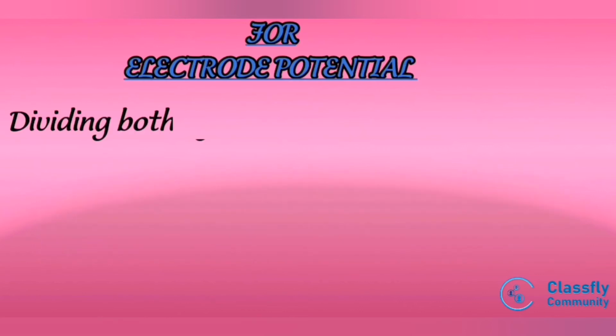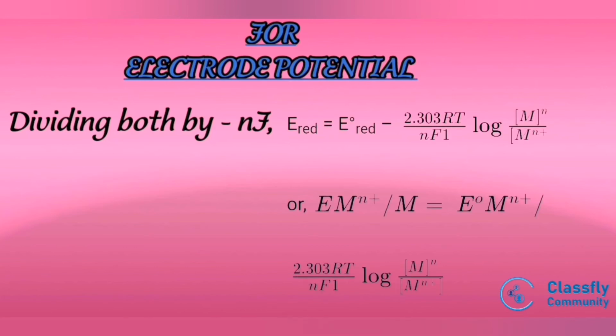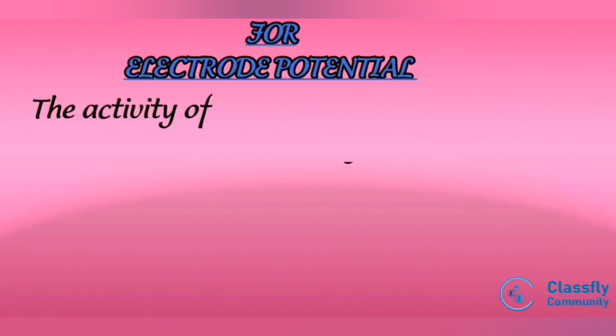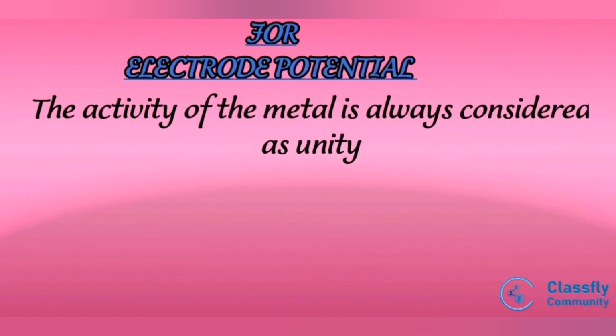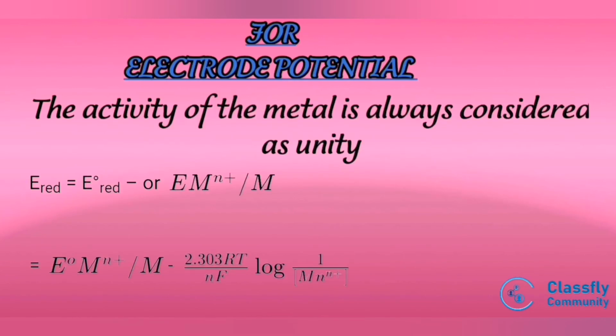Dividing both sides by minus NF, we get E reduction equal to E0 reduction minus 2.303 RT divided by NF log M divided by Mn+. The activity of a metal is always considered as unity. So E reduction, or E of Mn+ by M, equal to E0 of Mn+ by M minus 2.303 RT divided by NF log 1 by Mn+.